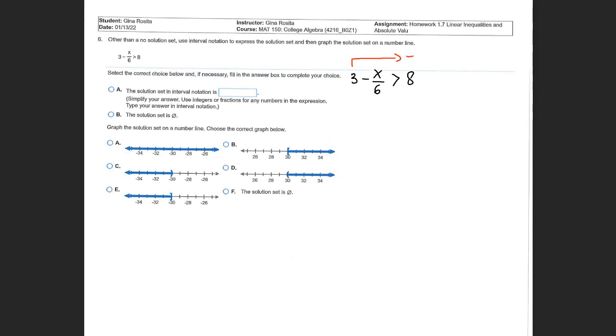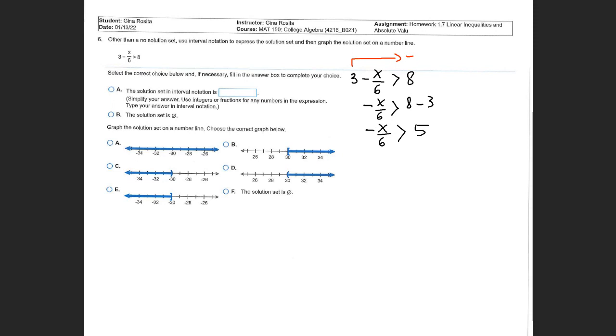So negative x over 6 is greater than 8 minus 3. So negative x over 6 is greater than 5. Now we need x. After this, we have to multiply by negative 6 on both sides.